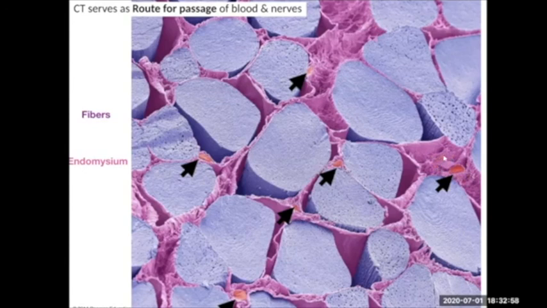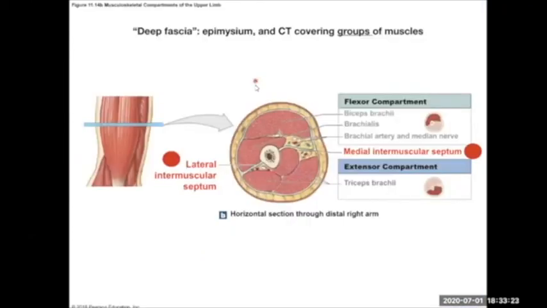It's an aqueous or gel-like substrate that the oxygen and nutrients are diffusing through to actually reach the muscle cells right there, right? So again, that's a major common role of connective tissue. So serves as a route for passage of blood and nerves is the bottom line in so many short words. Last thing I want to mention about the role of connective tissue.